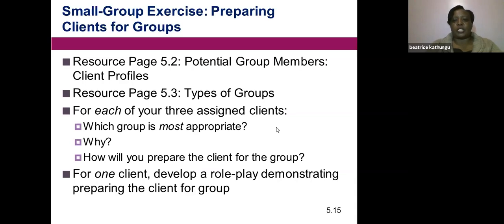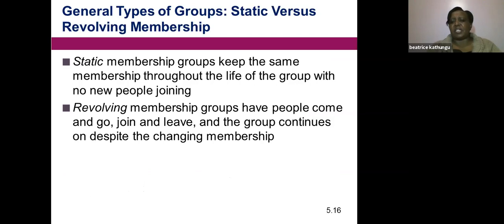So we're going to explore a little about types of groups. And there are many, many types of groups. We're going to mention some of them based on certain parameters. For example, in this slide, we are talking about types of groups based on whether the group is static or revolving. Or put in other words, whether the group is closed or open.